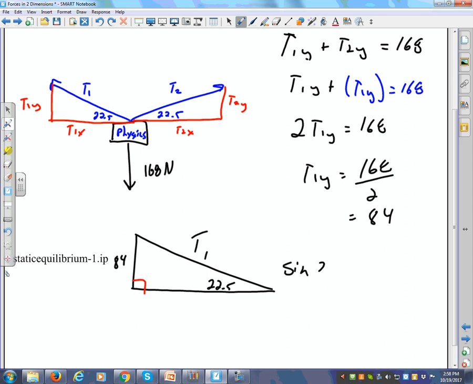So sine 22.5 is equal to the opposite, 84, over the hypotenuse, T1. Now, nobody likes it when the variable's on the bottom. We're going to swap those two, so T1 is going to be 84 over sine 22.5.